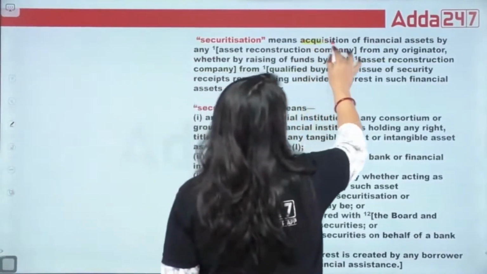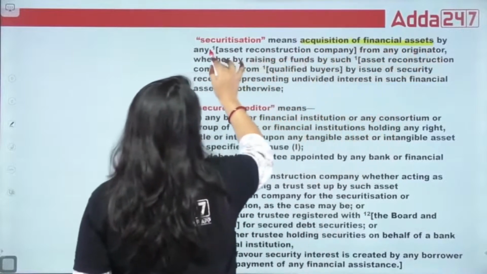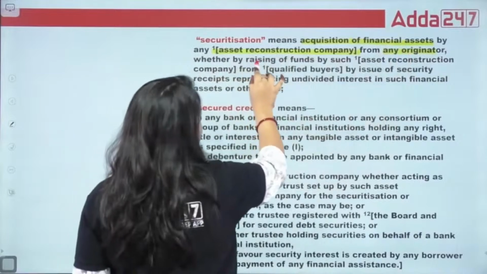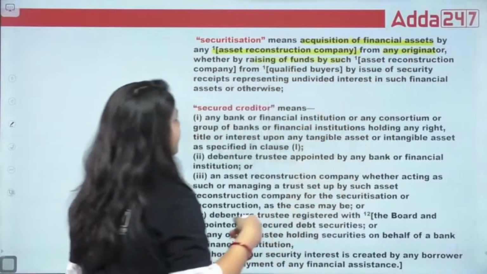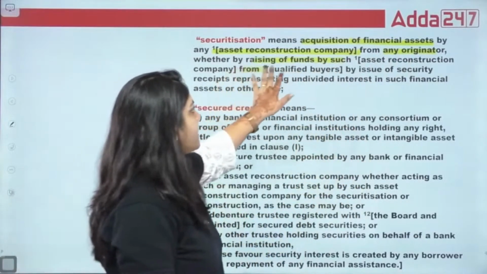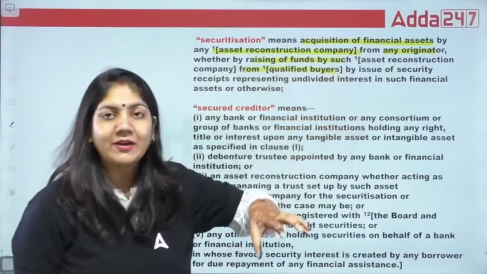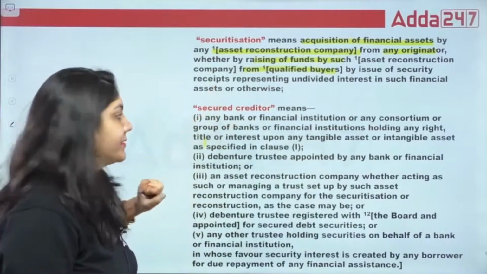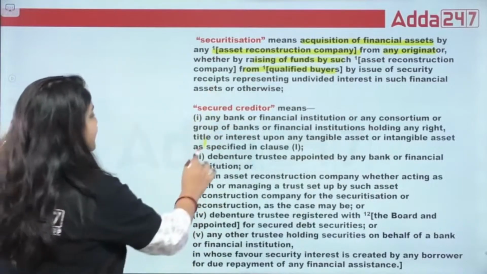Securitization is the acquisition of financial assets by an ARC company from any originator, whether by raising funds by such ARC company from the qualified buyer. The qualified buyer will give the money. What is a secured creditor? The secured creditor is the one from whom we take money.